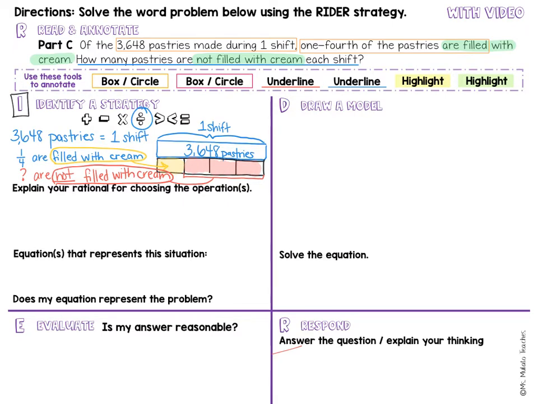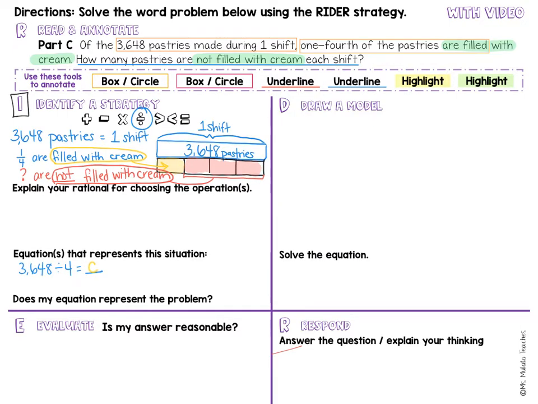So down here on your equation, we would have 3,648 divided into 1, 2, 3, 4 parts. Let's write that. 3,648 divided by 4 equals how many are filled with cream? So I'm going to put a C here so that we know these are the cream-filled ones.